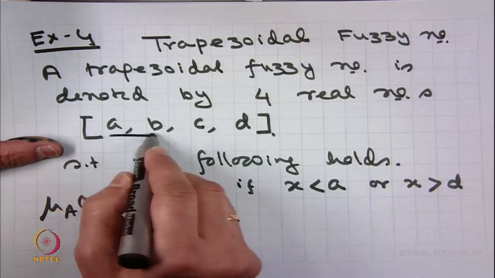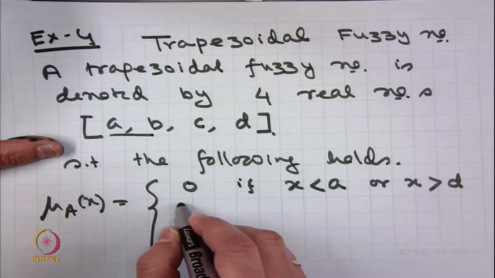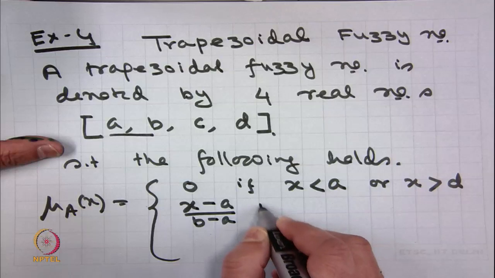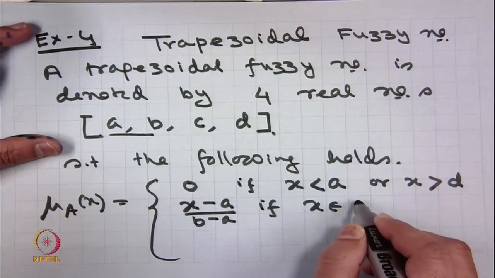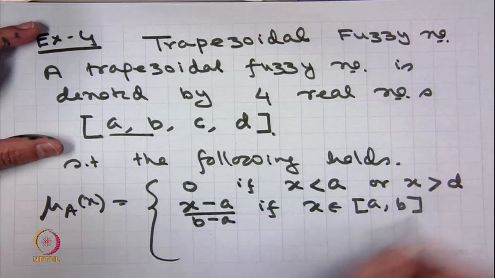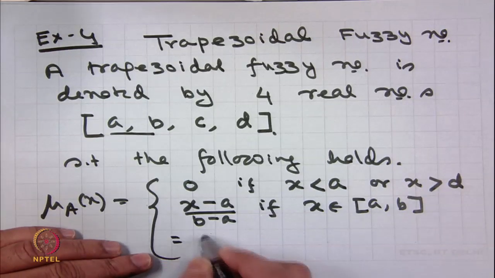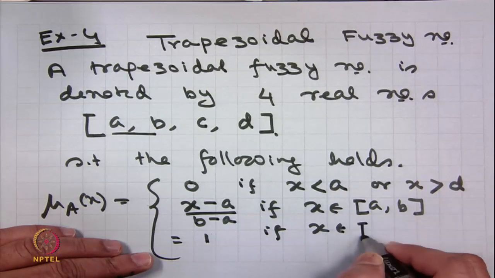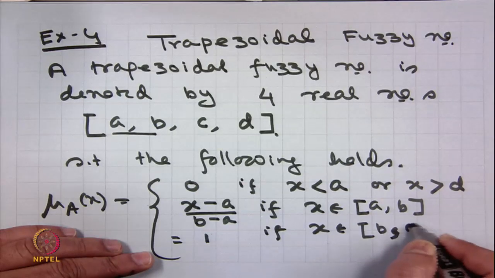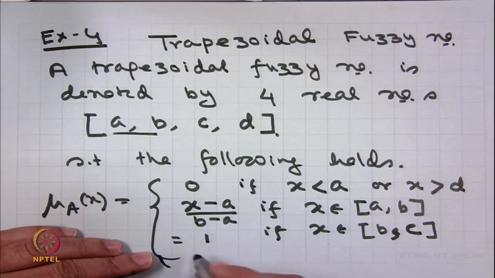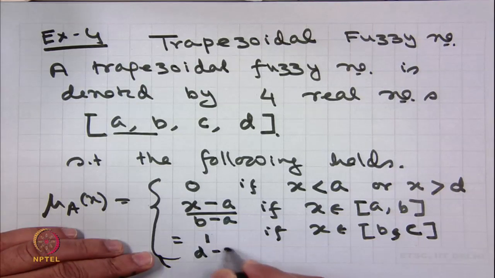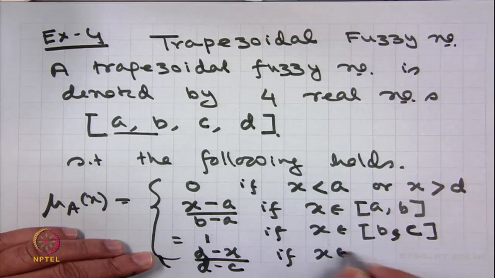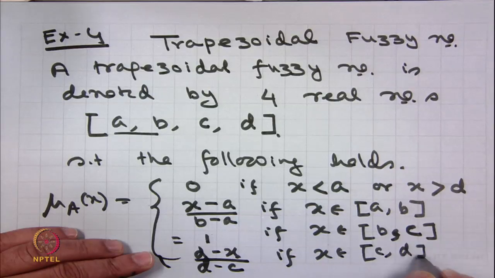It is linear from a to b, that is x minus a upon b minus a if x belongs to a comma b, is equal to 1 if x belongs to b comma c, and it is d minus x upon d minus c if x belongs to c comma d.